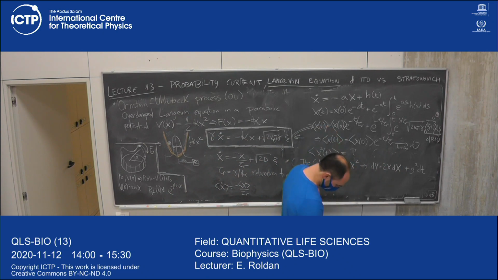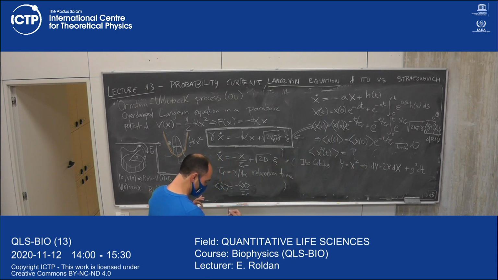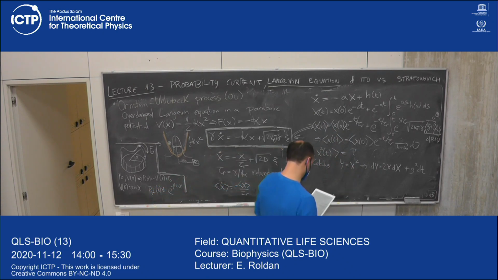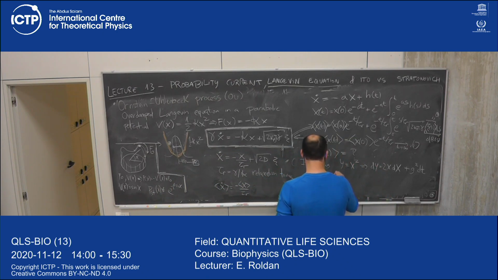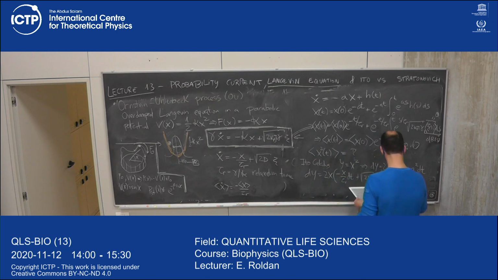Now I put whatever is dx, I put the equation, so I have dy is 2x, and then dx is minus x over tau dt plus square root of 2D dB, plus g squared, which is 2D, dt.